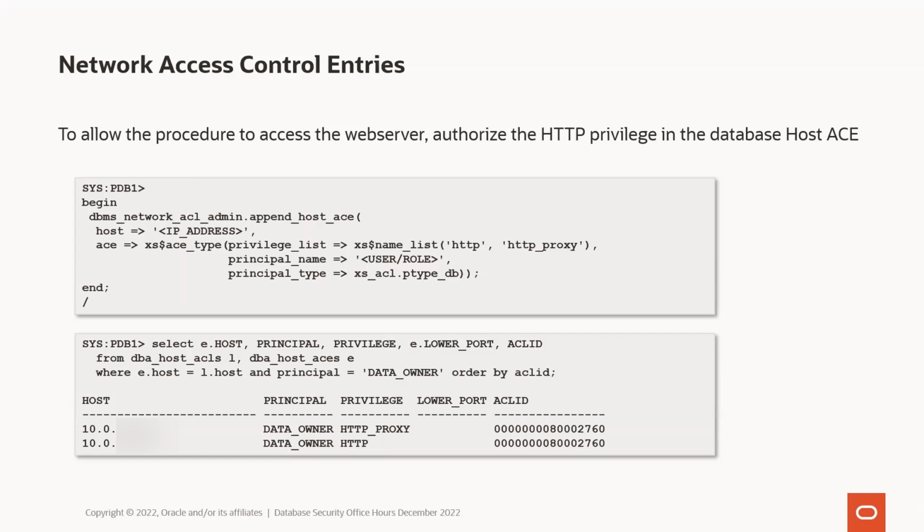Okay. So again, defense in depth, we've stopped the use from the PDB entirely with PDB lockdown profiles. Now we've got our network access control list that says, well, hold on, you haven't told me where they can connect and who can connect. And so we authorize that with our append host ACE.